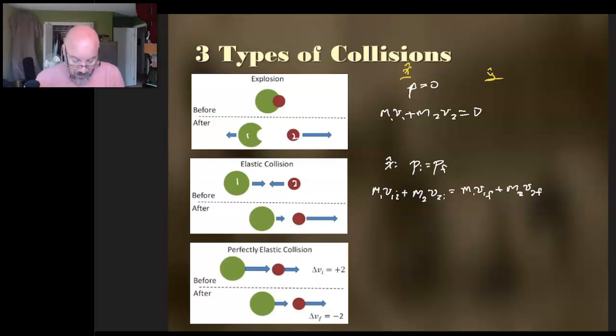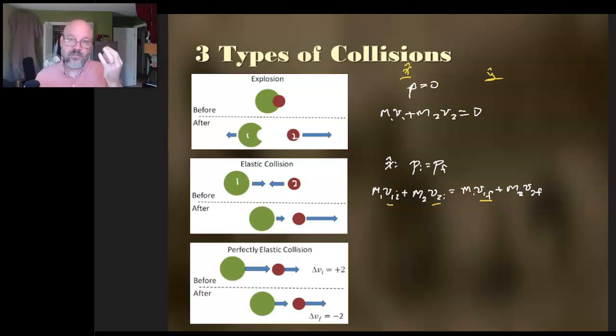Now, let's suppose that I knew how fast V1 initially and V2 initially were going, and V1 in the end. Then I have one equation and one unknown, so that's easily solvable. We've got four bits of information regarding velocity.